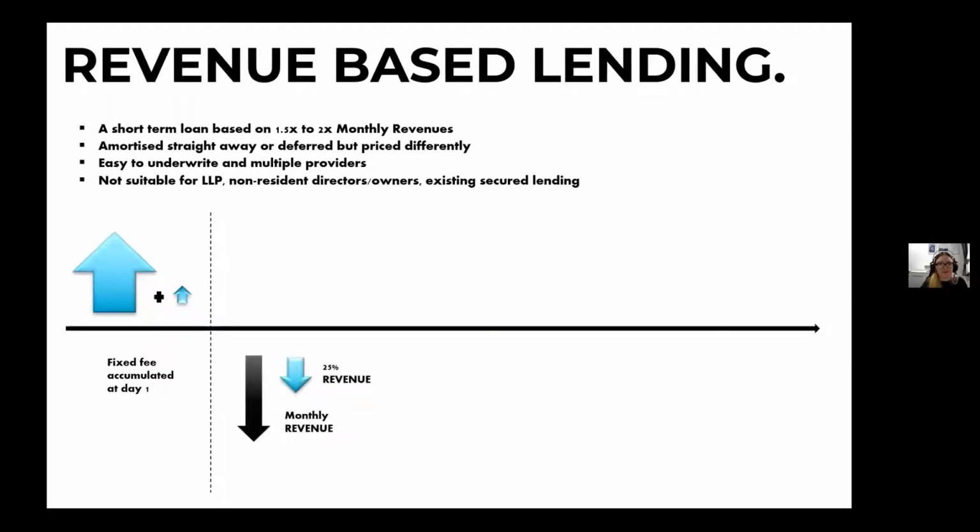Because it's revenue-based lending, you will be able to pay out of a percentage of the revenues straight away. So 30 days later, we have your monthly revenues, and let's say that you've been given 25% of revenue as a fee. So month one, maybe you're making 50,000 of revenue, and you pay 25%.